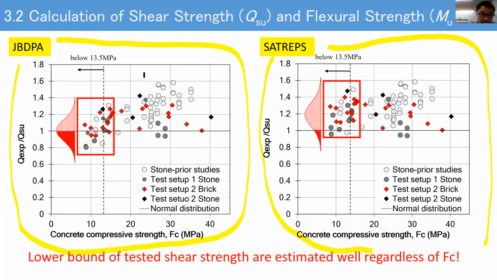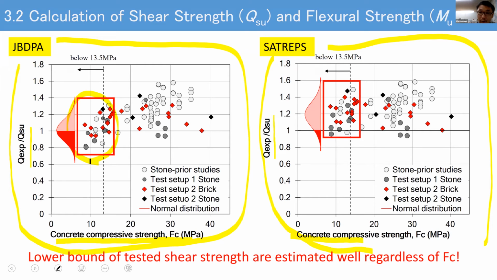Horizontal axis is concrete compressive strength, and vertical axis is tested shear strength divided by calculated shear strength. As you can see here, in low strength concrete zone, when we use Japanese standard, some overestimation is observed.